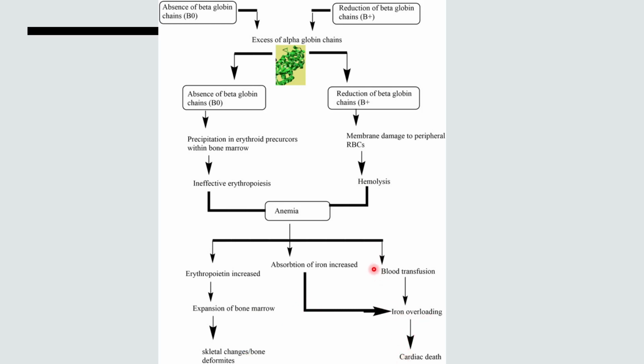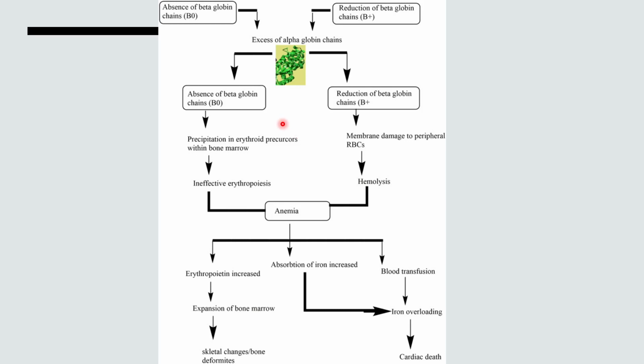And if you require blood transfusion, that also leads to iron overloading, which ultimately leads to cardiac death. Fine. So this is the whole flow chart of beta thalassemia, how a beta thalassemic patient differs from a normal human being.